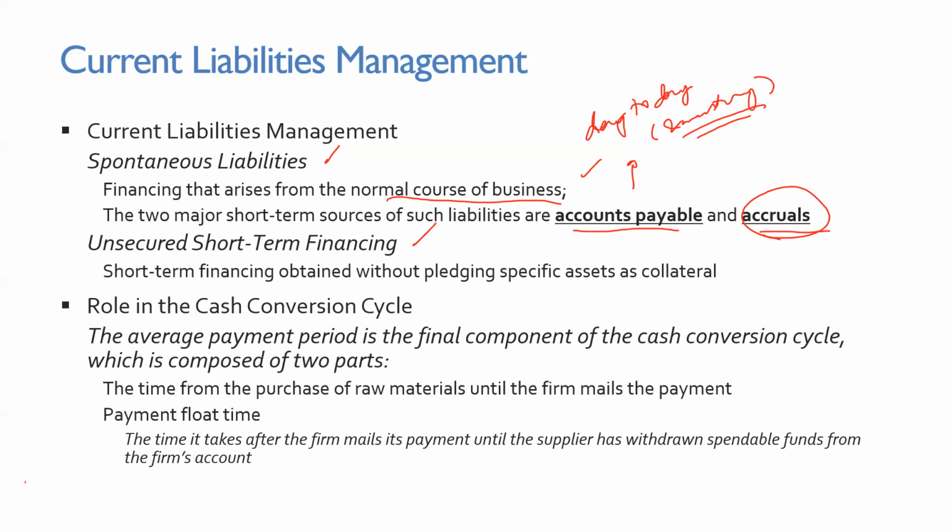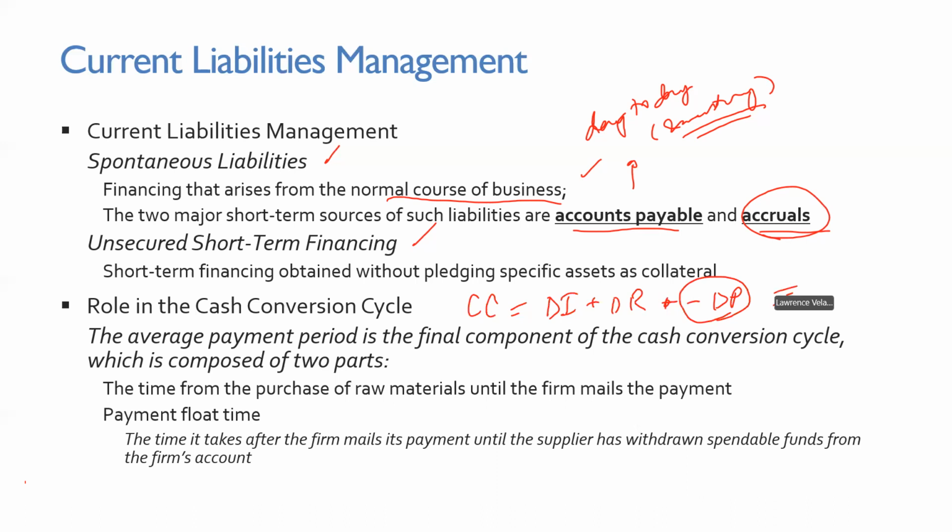Okay, what is the role of current liabilities management in the cash conversion cycle? Of course, as you know, the cash conversion cycle is equal to days inventory plus days receivables minus days payable. So the role of current liabilities in the cash conversion cycle is to shorten it.